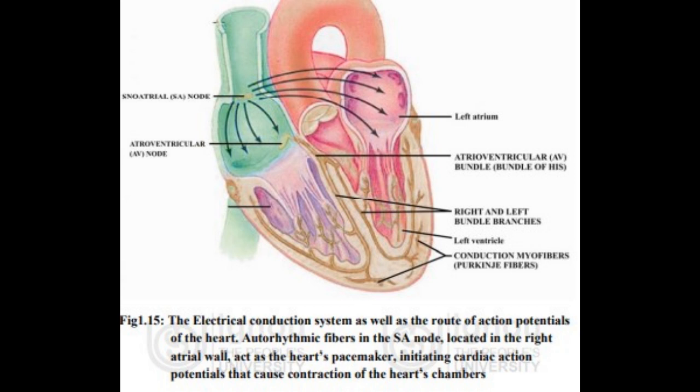2. Systemic circulation. The systemic circulation is concerned with transport of oxygenated blood to different tissues of the body. In this circulation, the oxygenated blood originating from the left ventricle is transported by the aorta to the various tissues.